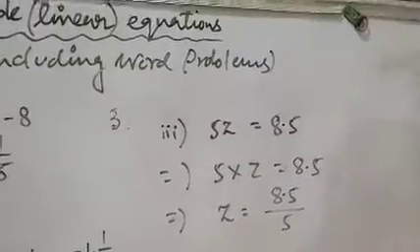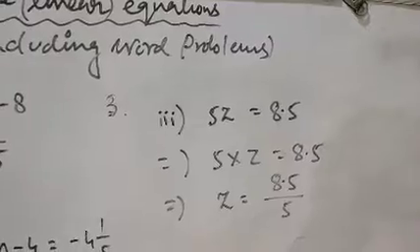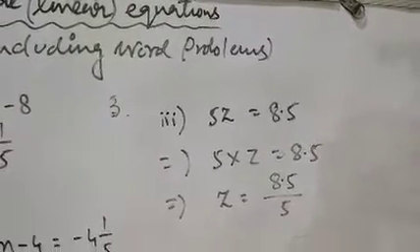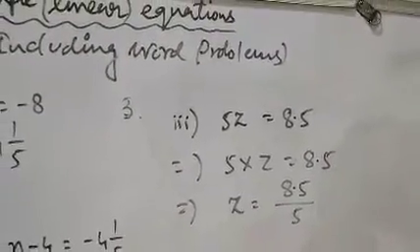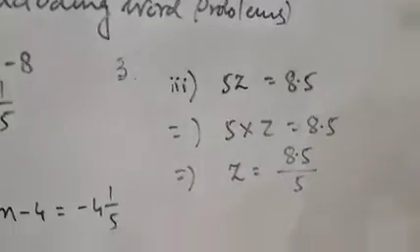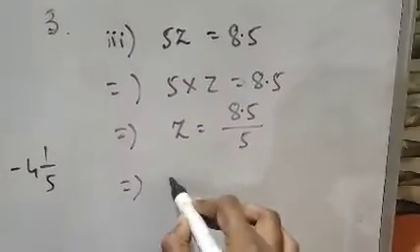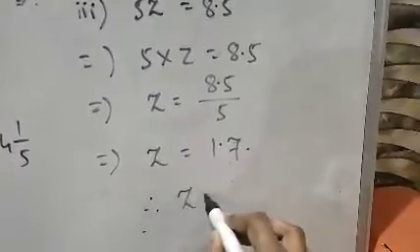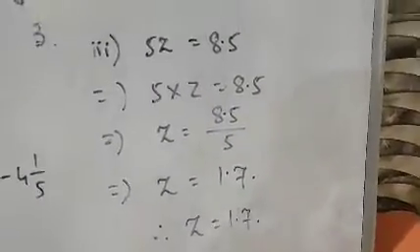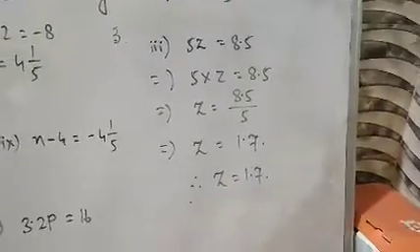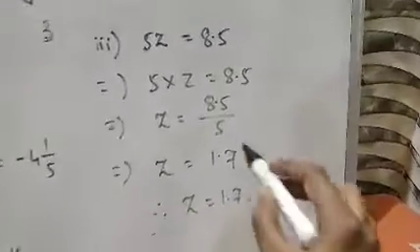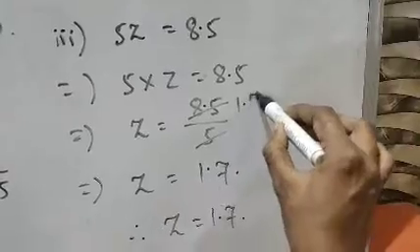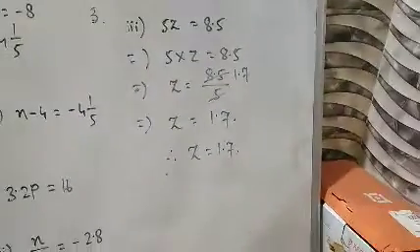When you transfer it, the reverse of multiplication is division. So 5 will be divided, and division means 5 will be in the denominator. Now simply divide. Z will be, answer is 1 by 7. Just divide 8.5 by 5, or also you can reduce directly. Answer will be 1.7.